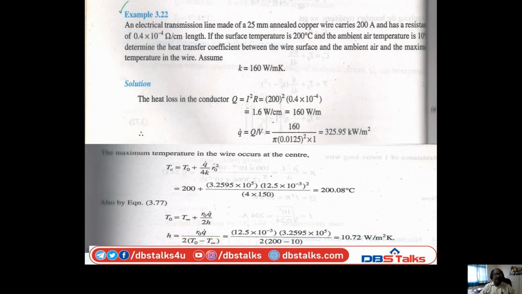Maximum temperature equals T naught, where T naught means wall temperature, plus Q dot by 4K into R0 square. Wall temperature is given as 200 degrees centigrade. If you substitute values, you can find out the maximum temperature.